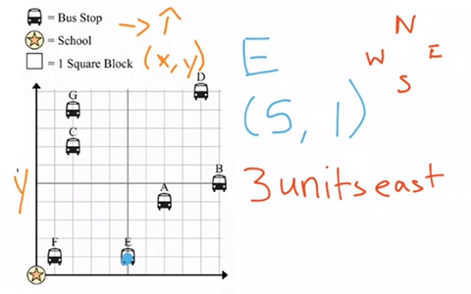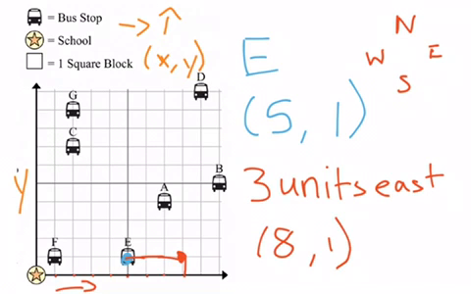Never eat soggy waffles. So I'm moving it 3 units east. So 1, 2, 3. So bus E is now here and I want to find the coordinates. So I'm going to jump over on my x, 1, 2, 3, 4, 5, 6, 7, 8, comma, and then jump up on my y, 1. 8, 1.